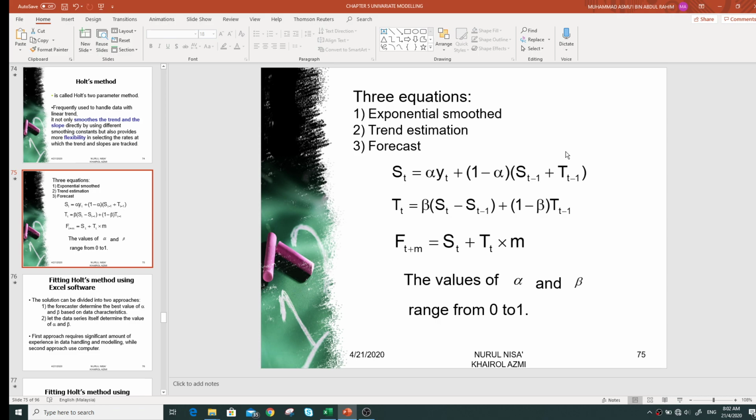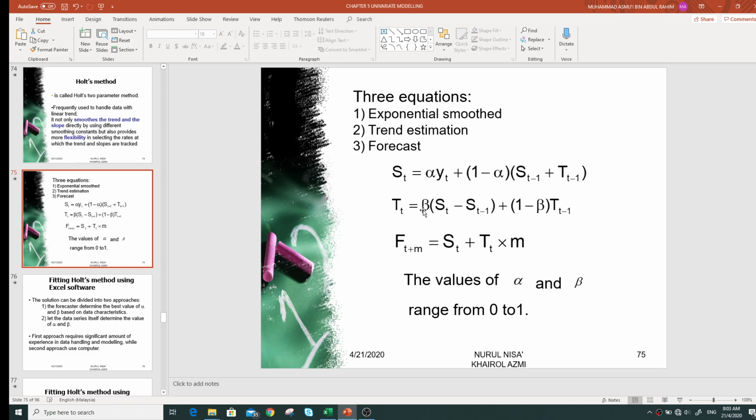Instead of only smoothing our series level, we also need to smooth the trend component. That's why we have this first equation, St, to smooth the level, and then this Tt is our smoothed trend, to estimate the trend component.